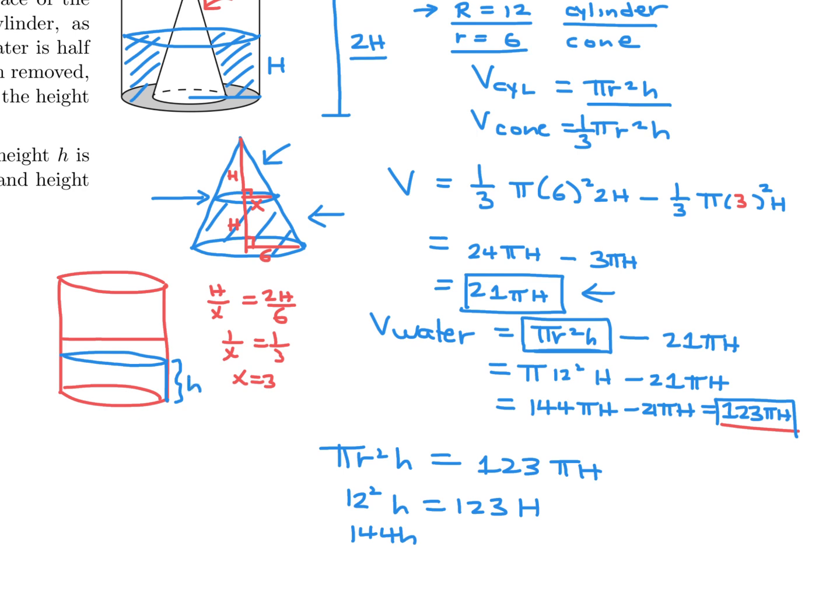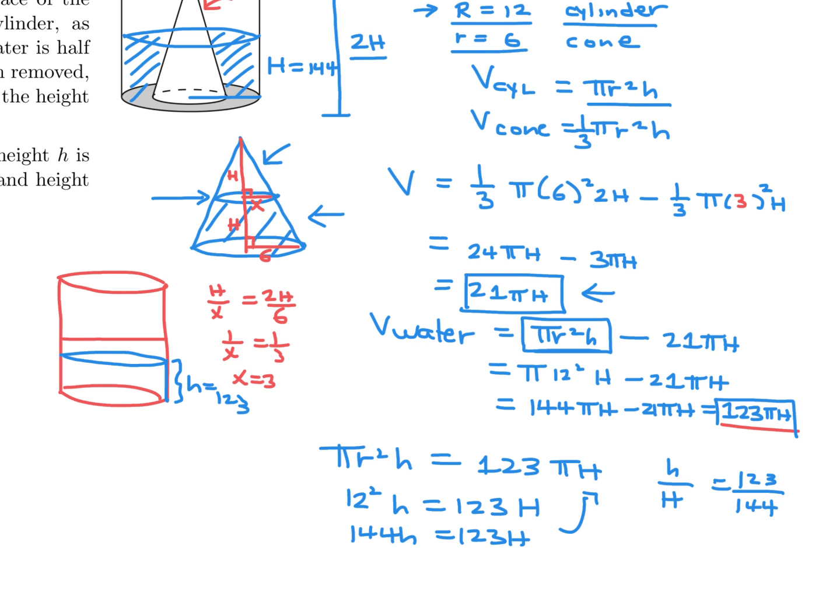This is the small h, by the way, in case you're wondering. 123 h, and therefore the ratio would be small h over h would be 123 over 144. So that means that, for example, if the big H is, say, 144 and the small h is 123.